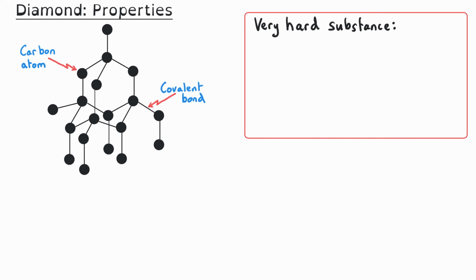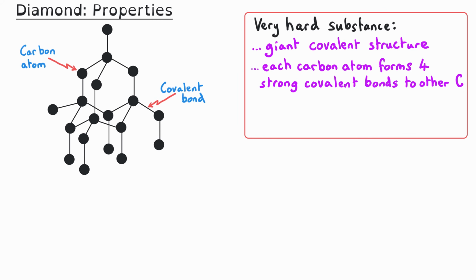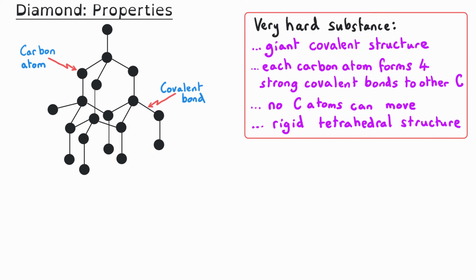And the reason that diamond has this property is due to its giant structure, where each carbon atom forms 4 strong covalent bonds to other carbon atoms. And these bonds are difficult to break, and this requires a lot of energy to break them. And so as a result, no carbon atoms can move in this rigid 3-dimensional tetrahedral structure.